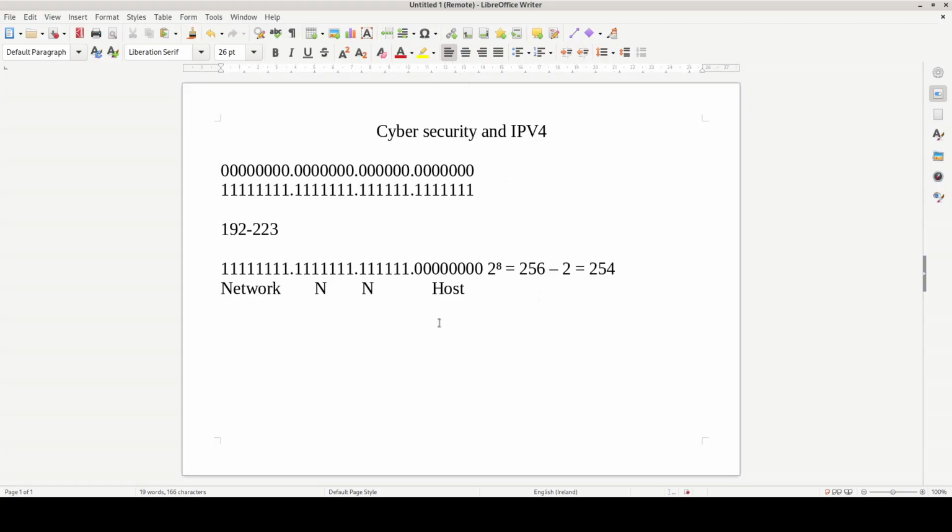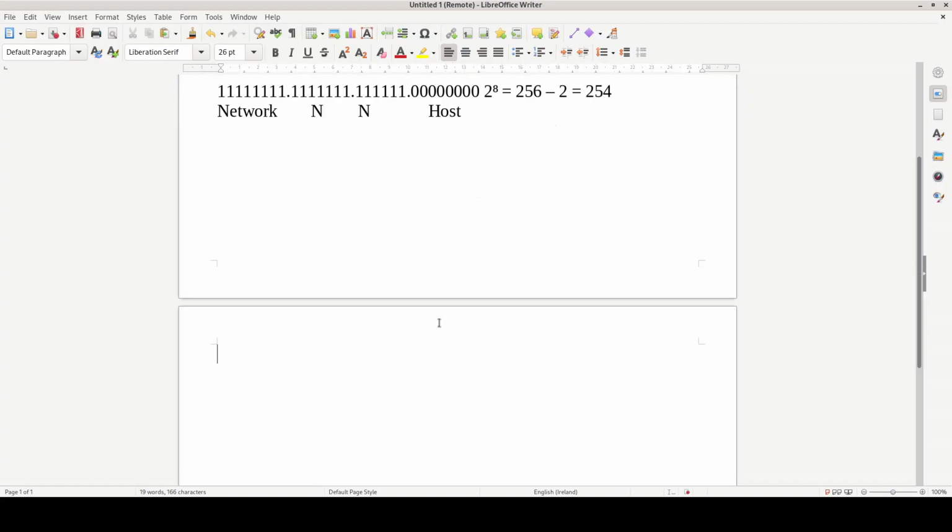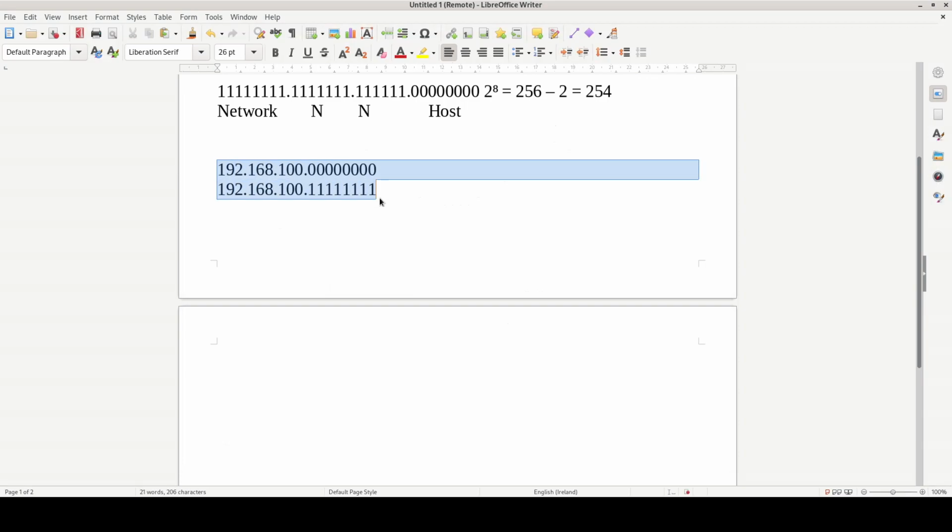Right now we have to understand the next part, and here is the interesting thing. Let's say this is 192, class C, 168.100, and here 3, 4, 5, 6, 7, 8. Each bit can be 0 or it can be 1, correct?